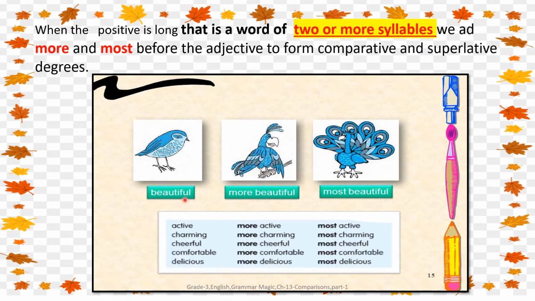For example, beautiful, more beautiful, most beautiful, active, more active, most active, charming, more charming, most charming, cheerful, more cheerful, most cheerful, comfortable, more comfortable, most comfortable, delicious, more delicious, most delicious. So children, these are some comparative and superlative degrees where we use more and most for the word.